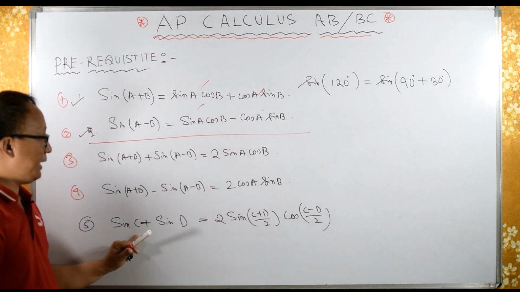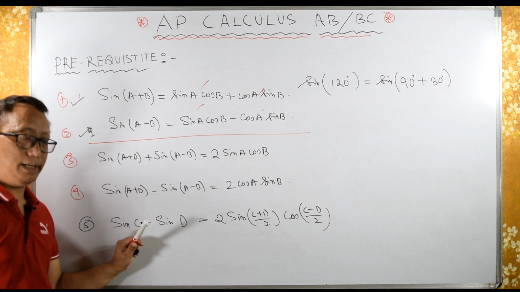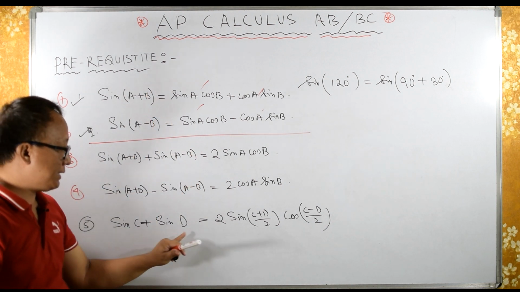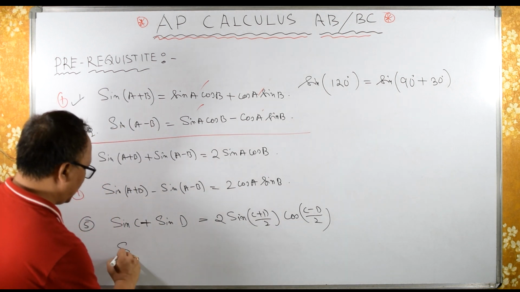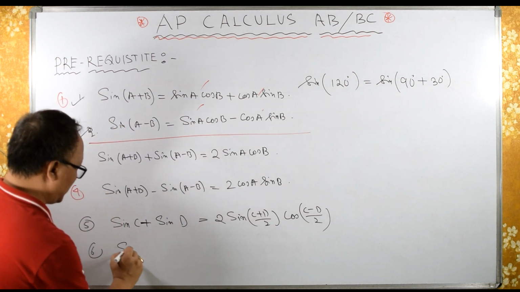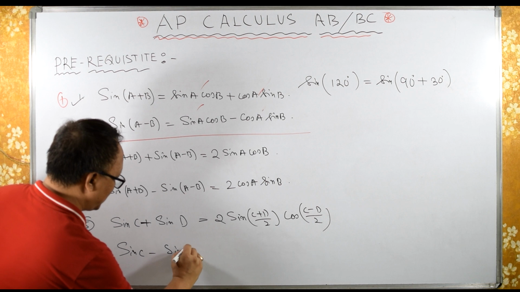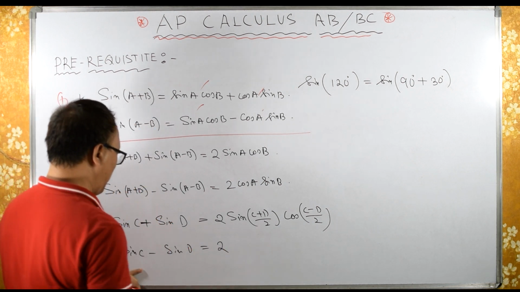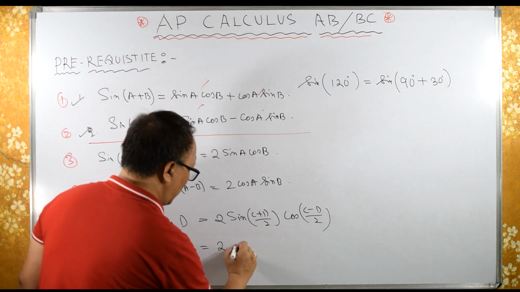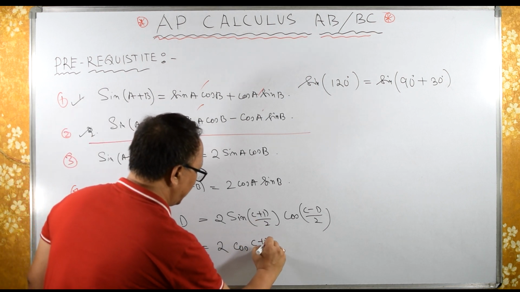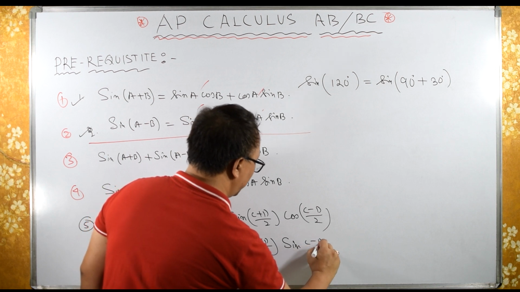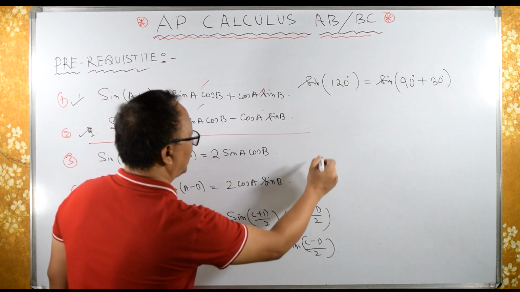Here c and d, a and b are all angles. Then number 6, sine of C minus sine of D is given by 2 cos of (C plus D) upon 2 times sine of (C minus D) upon 2, because if it is minus, then cos will come first.